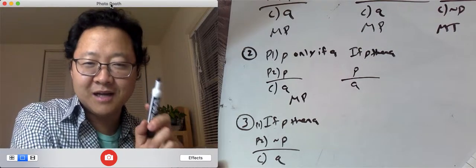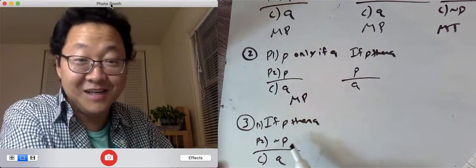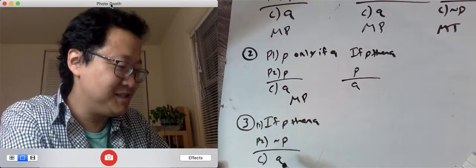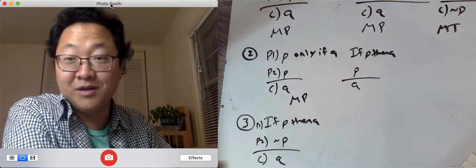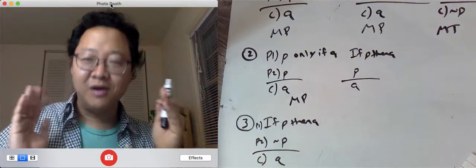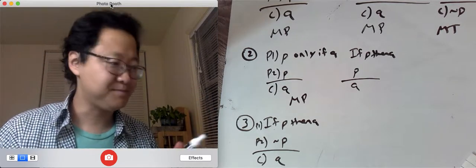You should be able to detect that actually, we never learned this one. You might start thinking it's denying the antecedent, but denying the antecedent requires a not Q at the bottom. So this is just one we don't know, and you should be able to detect what you don't know and what you do know among the argument forms you learned.